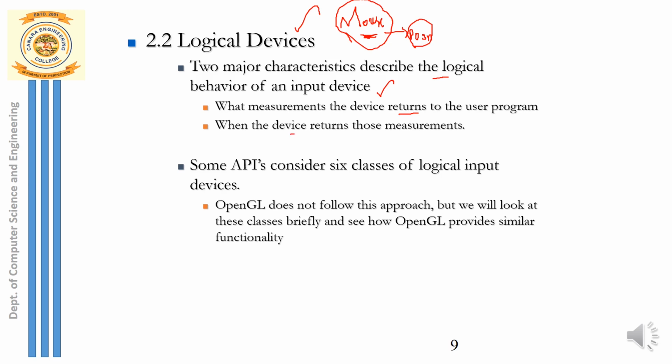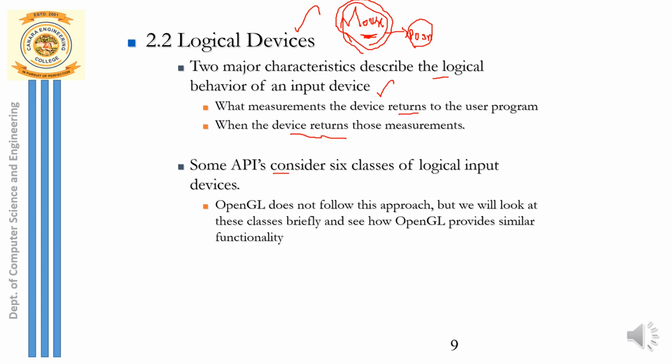And next, when the device returns those measurements, based on that factor also we differentiate the physical input device into a logical input device. So what value it returns and when it returns it, based on these two factors we consider the physical input device as a logical input device.